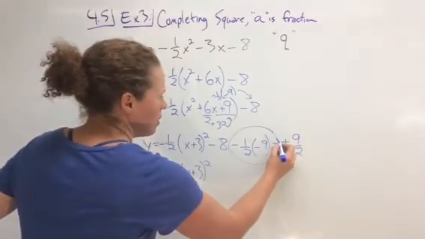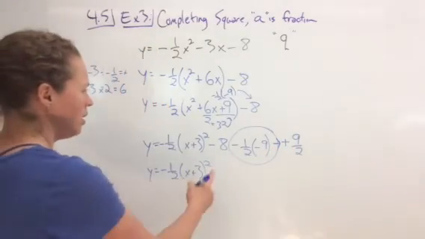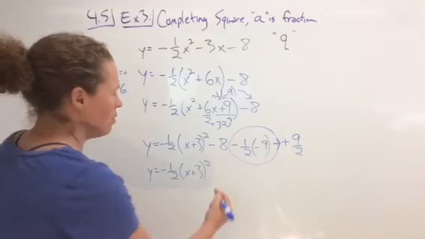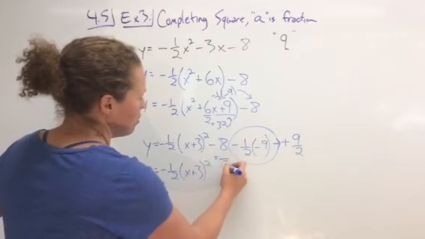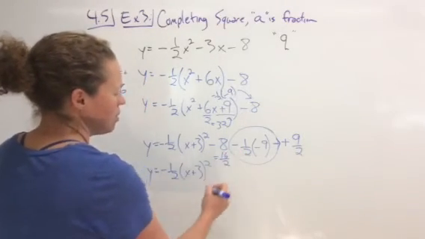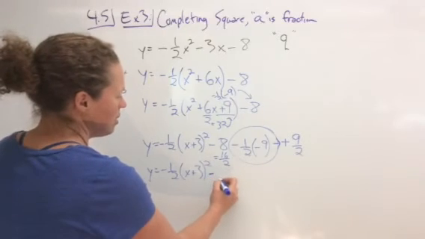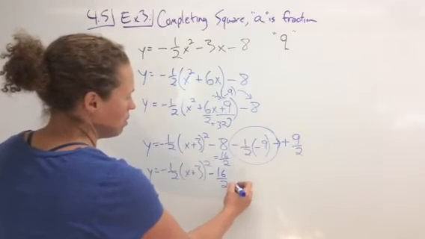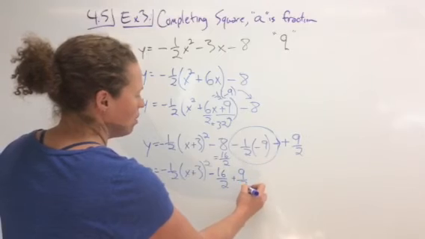So just draw a little arrow. That's how that went. This guy's got to be over 2, so I have to write, well, what is he over 2? 16 over 2 would work. So we're going to go minus 16 over 2 plus 9 over 2.